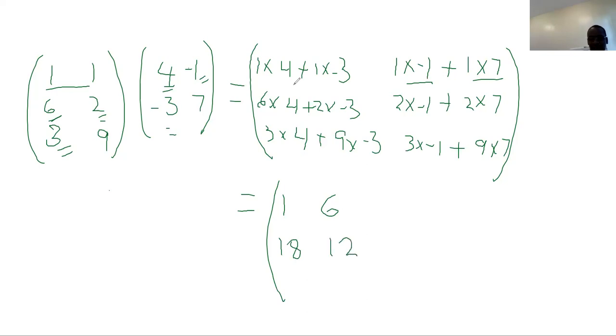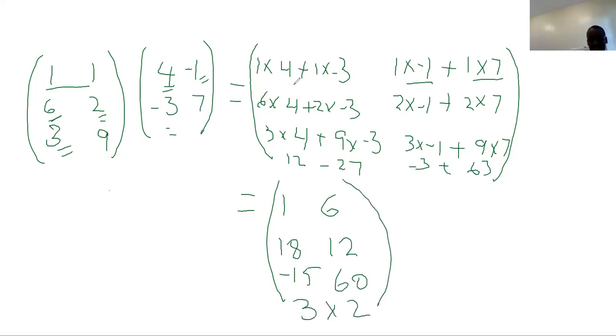This is 12 minus 27, you get minus 15. This is negative 3 plus 63, that is 60. That is your answer. The answer is a 3 by 2 matrix, as you can see. That is how you multiply matrices.